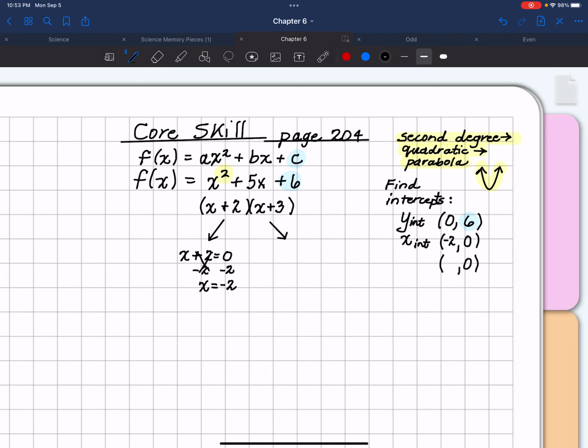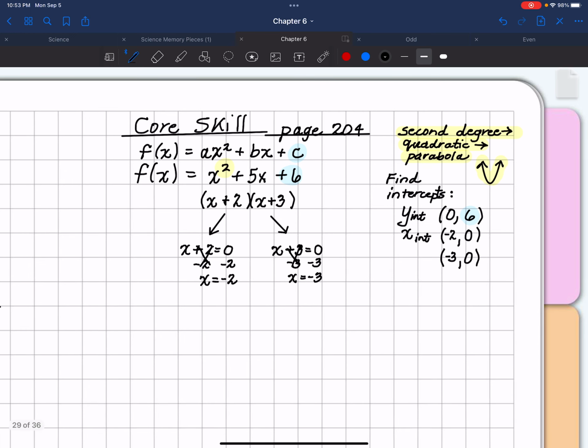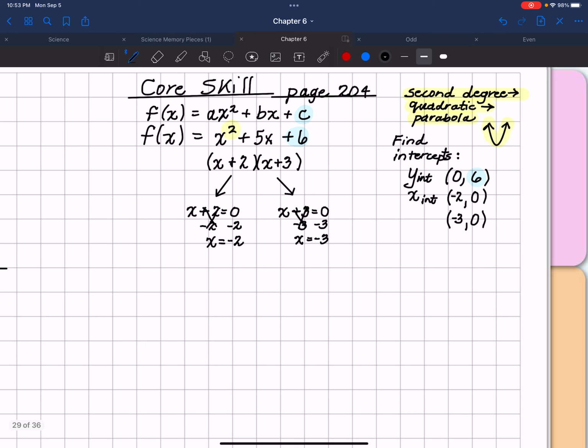And then you just need to do that again using this equation of x plus 3 is 0, and minus 3, minus 3, x is negative 3. So that is the other x-intercept. So I have found those values using algebra.